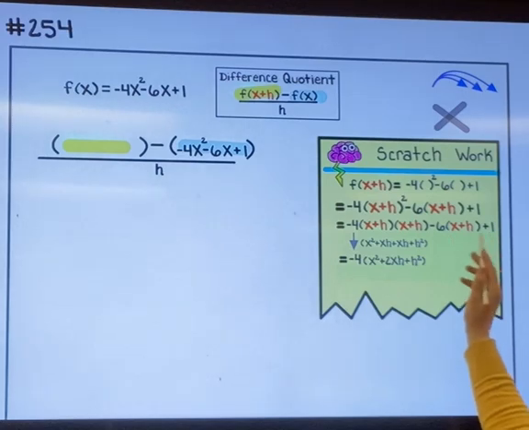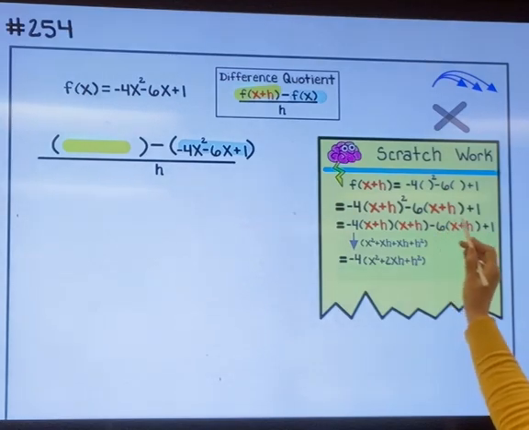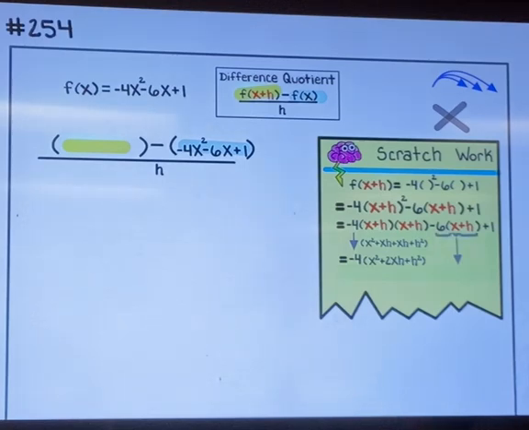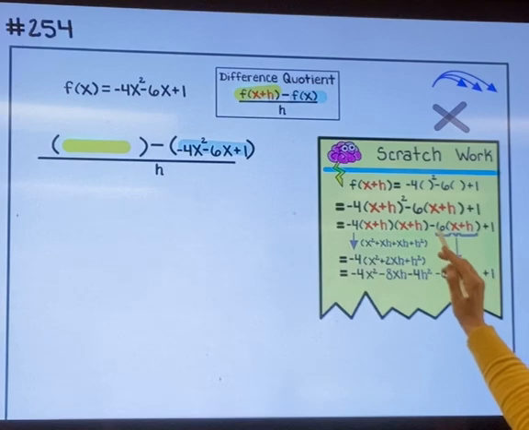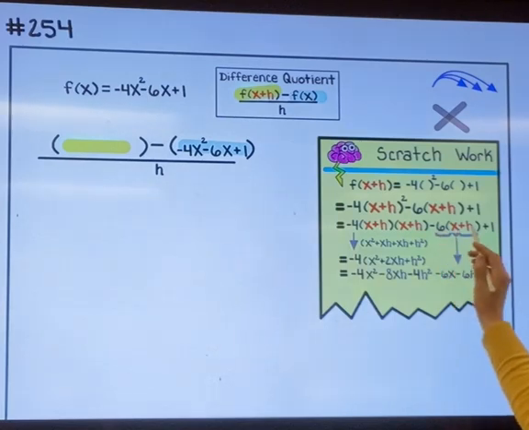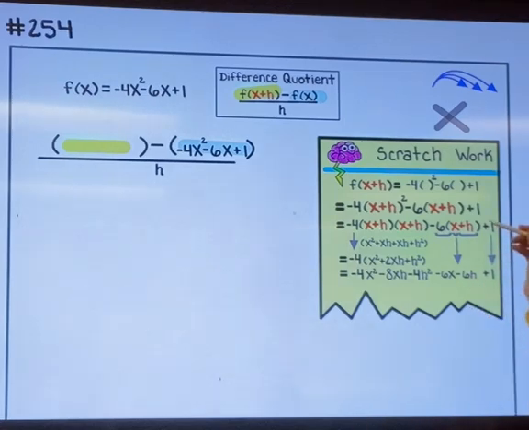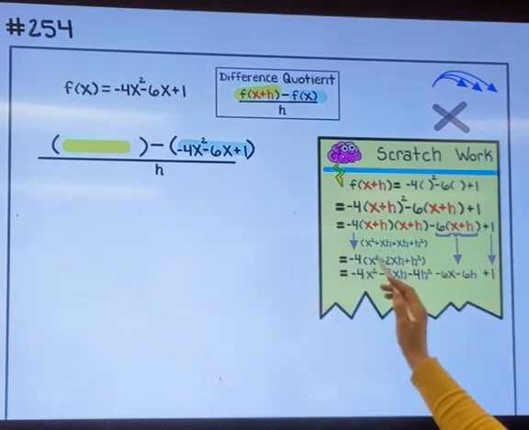Okay, then let's focus on this part here. This negative 6 can get distributed. So if I distribute this negative 6 through, negative 6 times x is negative 6x, negative 6 times h is negative 6h, and I'm bringing down the plus 1 on the end, and then I brought down the negative 4.